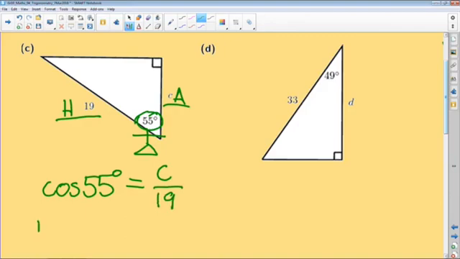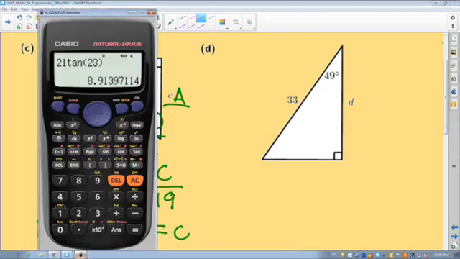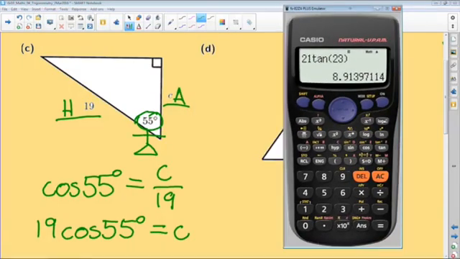We need to solve for c, so we're going to multiply both sides by 19, giving us 19 cos 55 degrees is equal to c, and then we need our calculator to do it. The calculator needs to wake up, and we'll move it across, and let's type it in. 19 times cos of 55 is equal to 10,897.